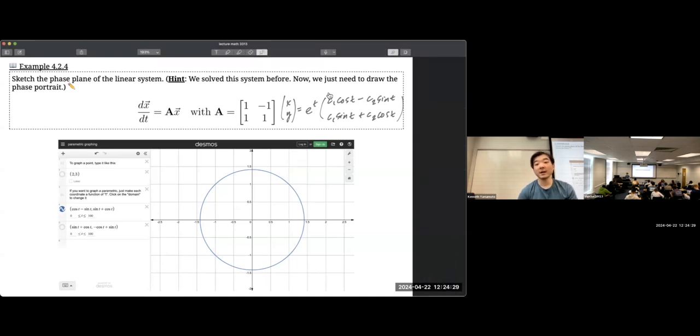So what I'll do is I'll highlight this in blue. Let's not worry about the e to the t first. All I did was take this C1, and I chose C1 and C2 to be just 1. Of course, there are some initial conditions that you can plug in, because when you have C1 and C2 just like that, you can't plot that. But let's say you have a specific situation where you have initial conditions that cause C1 and C2 to both be equal to 1. Then it'll be cosine of t minus sine t, and then sine t plus cosine of t.